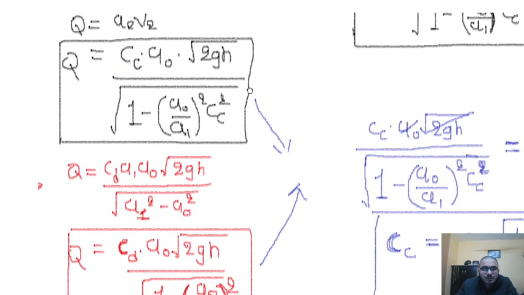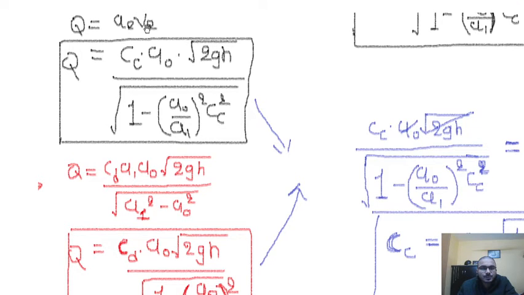So as we have already obtained the value of V2, our next task is to obtain the value of Q. So Q is equal to A2 V2.